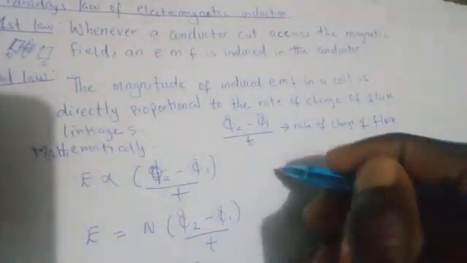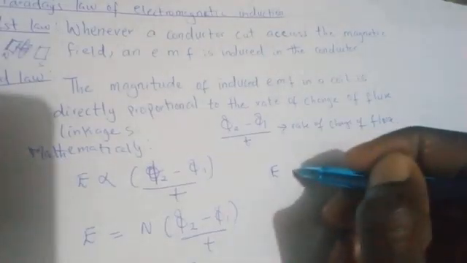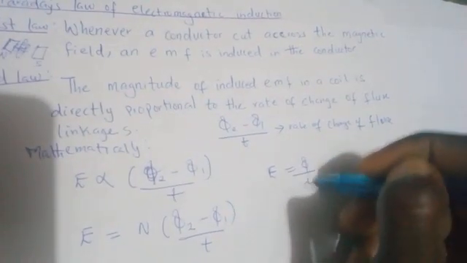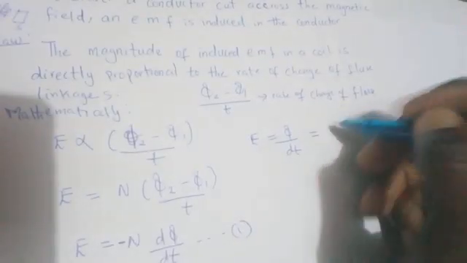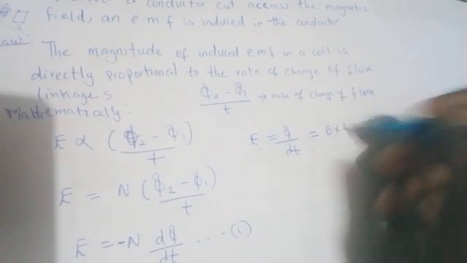Now, recall again that if you follow the second law, we know that E is equal to d phi over dT. Let us call this equation 1. You know that phi, again, is equal to the flux density multiplied by the area.